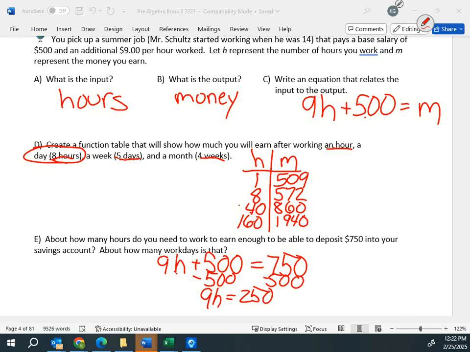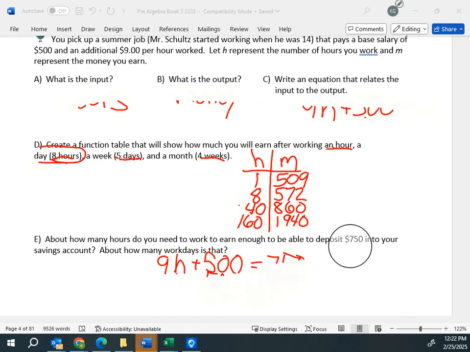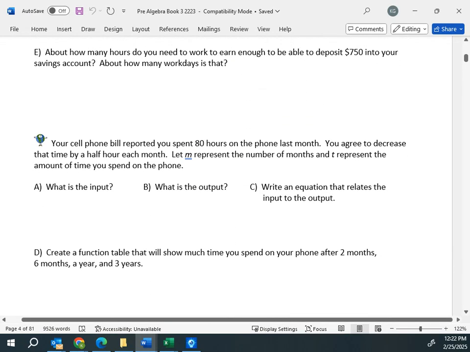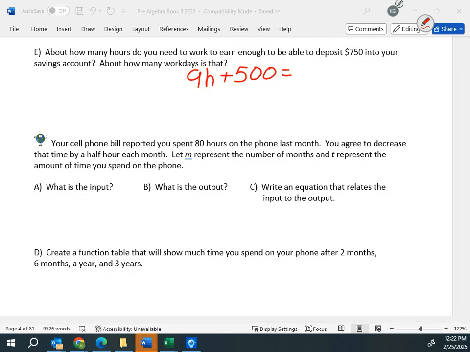Natalie, do you see how I got that? I was trying to keep it so we could see all of our equations, but I need to scroll up. So I'm going to erase that. So we had our equation of 9H plus 500, and that equaled the money. Well, we know our money is 750.